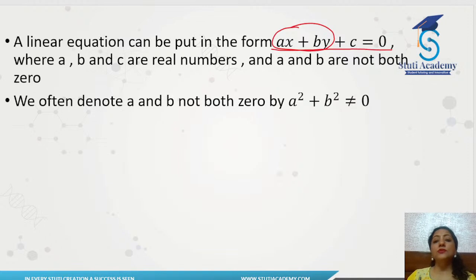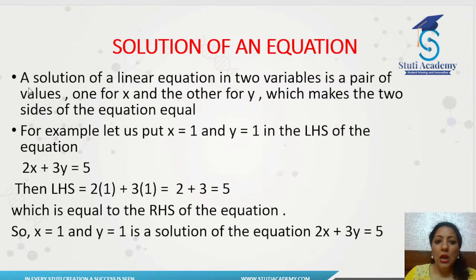Now coming to solution of an equation. All this also we've done in grade 9. What do we mean by solution of an equation? A solution of a linear equation in two variables is a pair of values, one for x and the other for y, which makes the two sides of the equation equal.